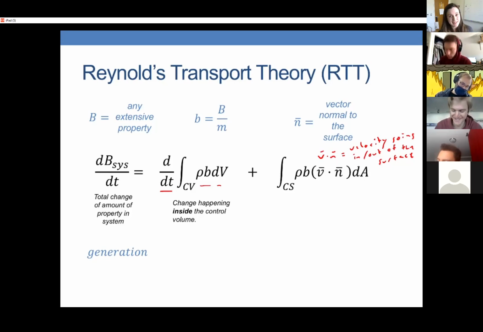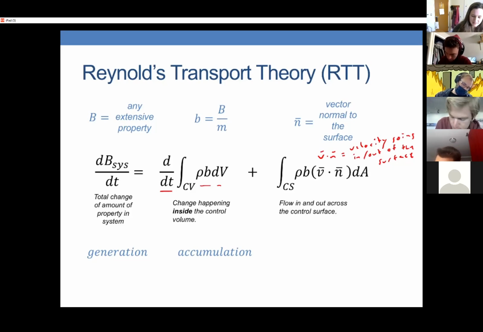Accumulation, right? Because imagine a tank and mass, let's say, could be building up in it or dropping down in it. That's accumulation. And so that would mean that this last one, which is flow in and out across the control surface, is input/output.